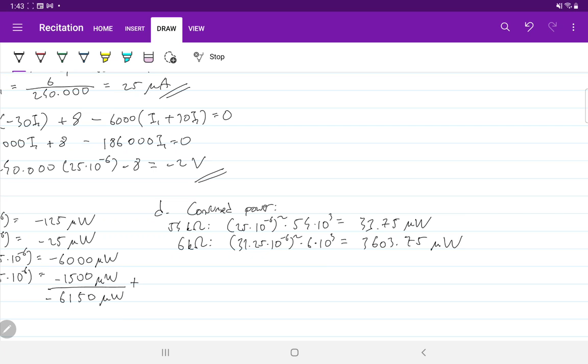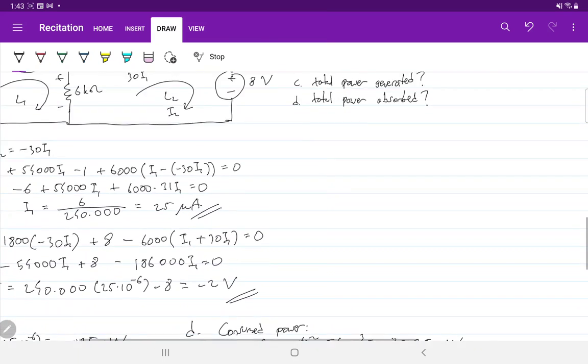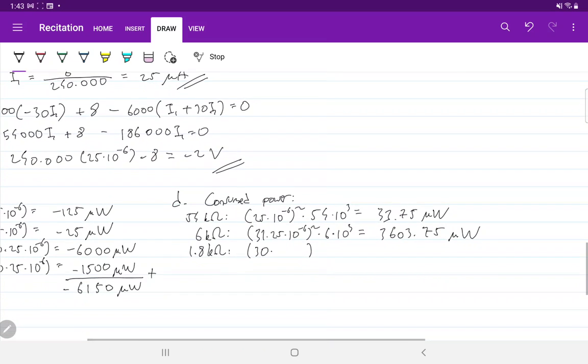The last resistor is 1.8k. Same thing, you have 30, because I2 is 30 I1. 30 times 25 micro squared times 1.8k is 1012.5 microwatts.